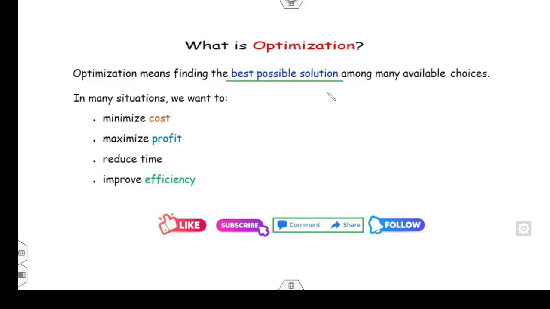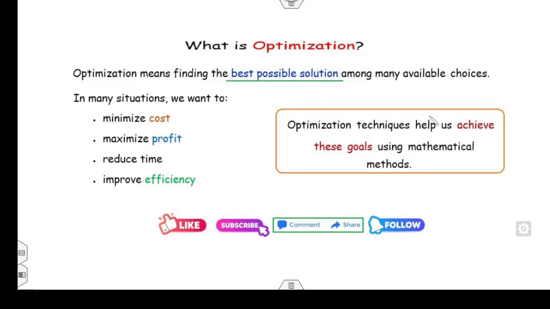For example, if you want to minimize someone's cost, maximize the profit of an industry, reduce someone's time, or improve someone's efficiency, all these are parts of optimization techniques. That means optimization techniques help us achieve one goal, or maybe more than one goal, using some mathematical methods.